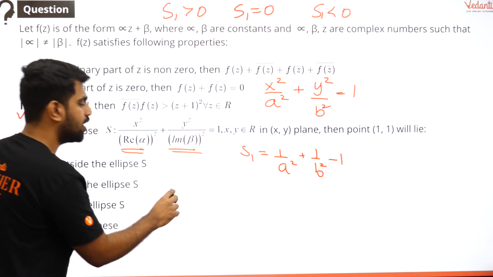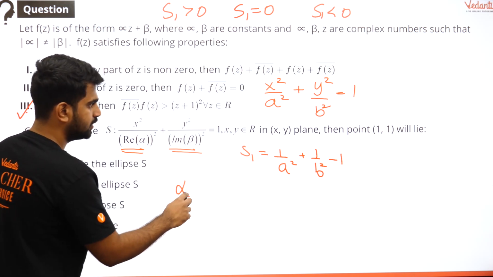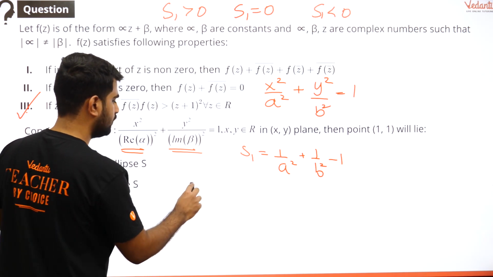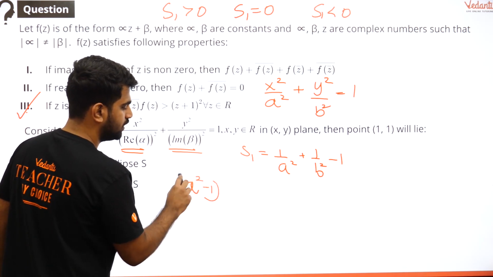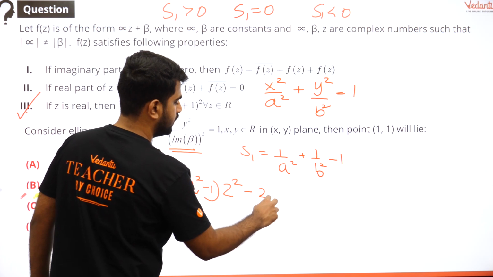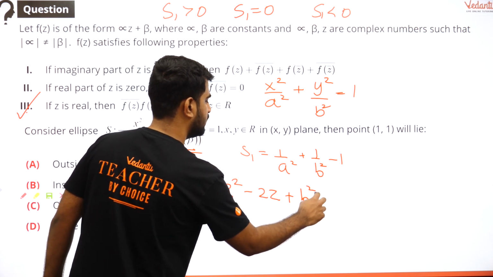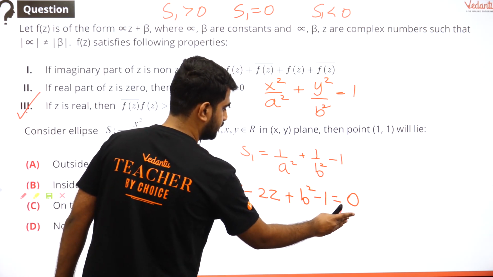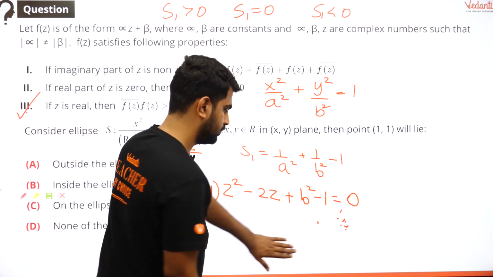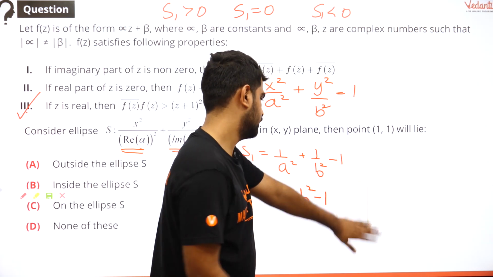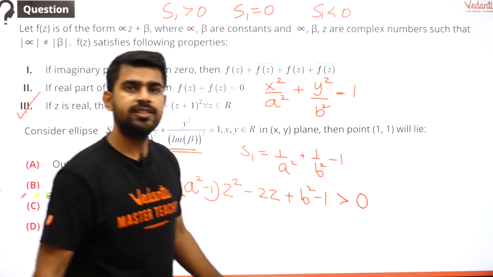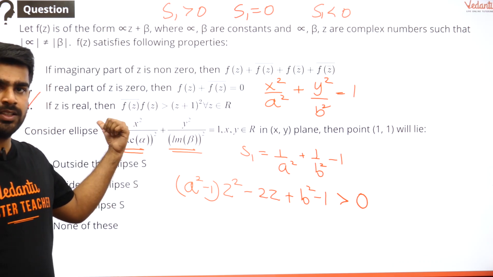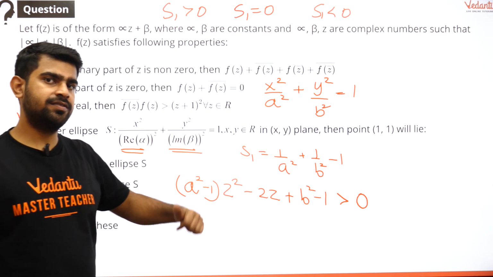The third condition which we got from here, if I am not wrong, is a square minus 1 times z square minus 2z plus b square minus 1 is greater than 0, I'm sorry. So is this the condition that we got? Yes. I have written it down from the previous slide. Please check if this is right.